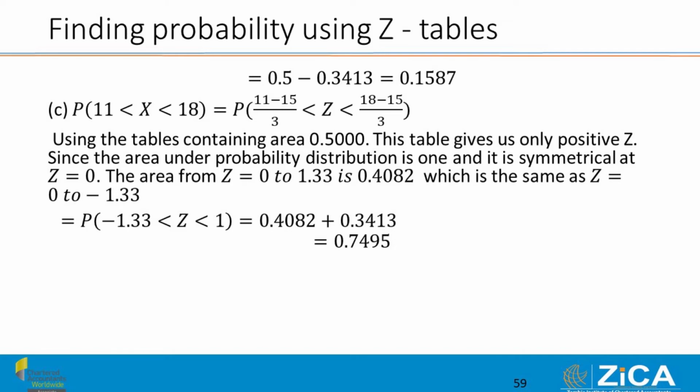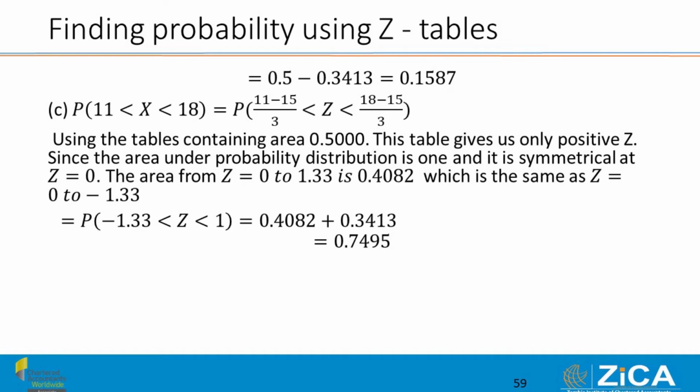Similarly, when you are looking for probability of Z greater than 11, but less than 18, you are going to standardize the 11, which will give us minus 4 over 3, which is minus 1.33. Then when you standardize 18, it will give us 3 over 3, which is a positive 1.